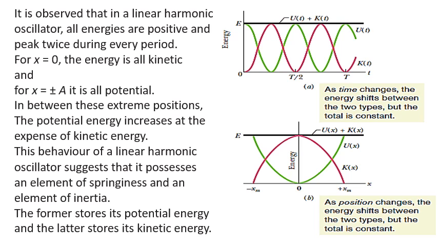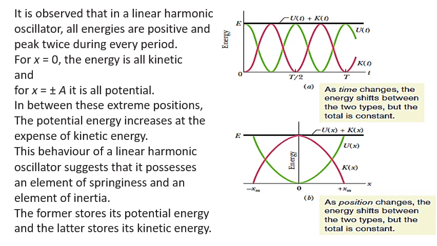It is observed that in a linear harmonic oscillator, all energies are positive and peak twice during every period. For x equals 0, the energy is all kinetic, and for x equals plus or minus A, it is all potential.